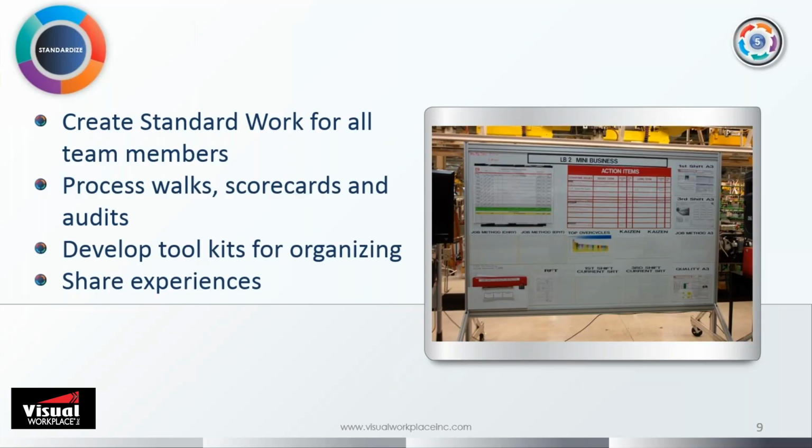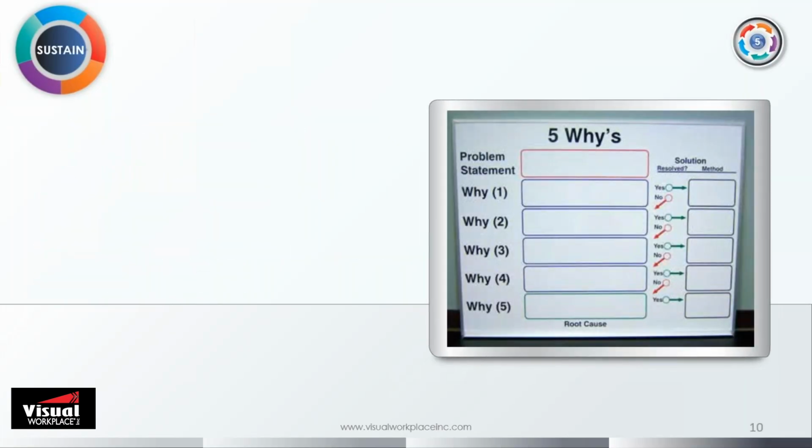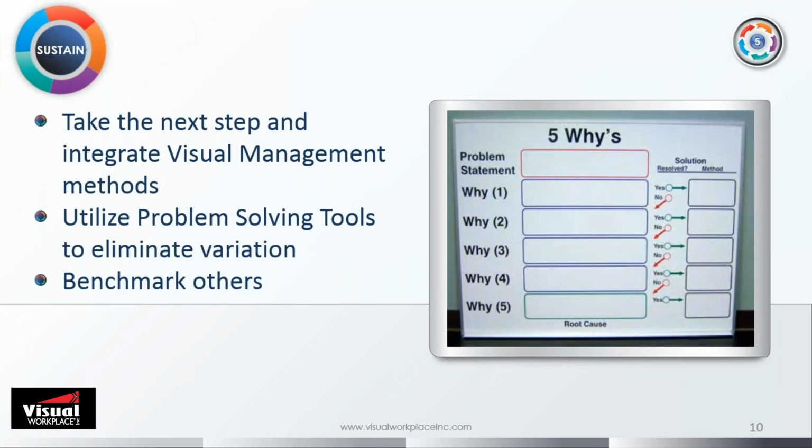Next, we want to talk about sustain, and I often get questions. It's like, well, how do you know that you're sustaining your system? Is there a light bulb that comes on? You're auditing and you're knocking it out of the park, and you've got 100% compliance.